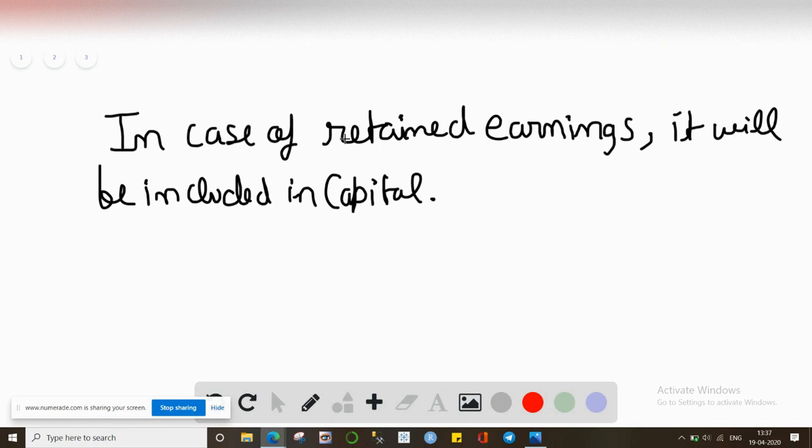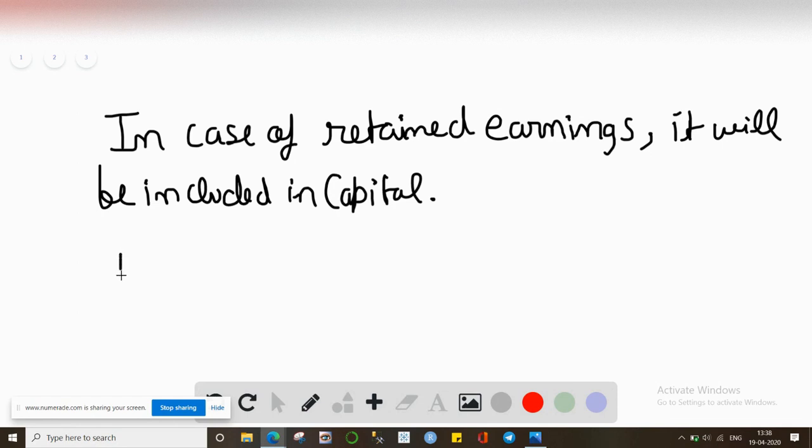Let's say you have earned a profit of $10,000 during the current year. Retained earnings include different types of reserves, different types of profit, special reserves as per regulatory requirements also. But the profit or loss generated during the year will be adjusted to the retained earnings account. And the retained earnings account is especially included in the capital account to reflect the true position of financing capital in the company.